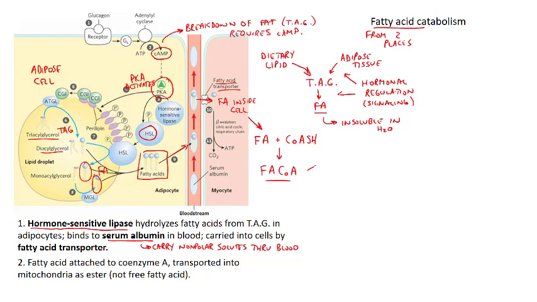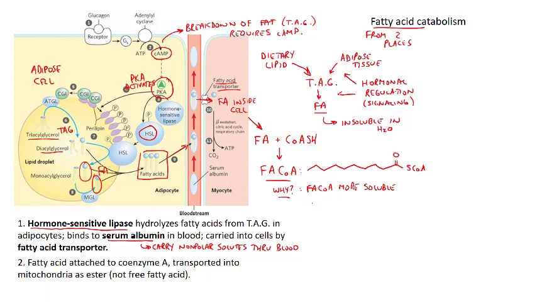Fatty acyl-CoA is the same thing as acetyl-CoA, except in this case you've got a whole fatty acid attached to your coenzyme A instead of just a short little acetyl group. So that's what a fatty acyl-CoA is. The reason for that is because, for one thing, fatty acyl-CoA is more soluble than a plain fatty acid, so it can diffuse within the cell much more easily.